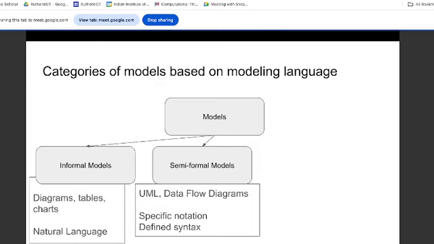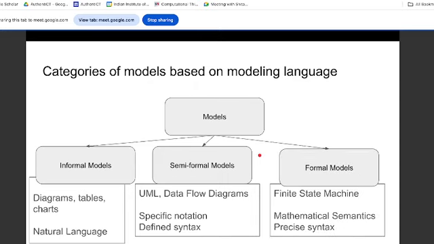Even I think the ER, entity relationship models, would also fall in the semi-formal models, where they do follow a kind of specific notation of how the entity's relationship or the classes and the contents of the class should be represented, but they still rely heavily on non-formal syntax. So they have a defined syntax which is not so formal that two or three people may not have a little bit of difference between their syntax.